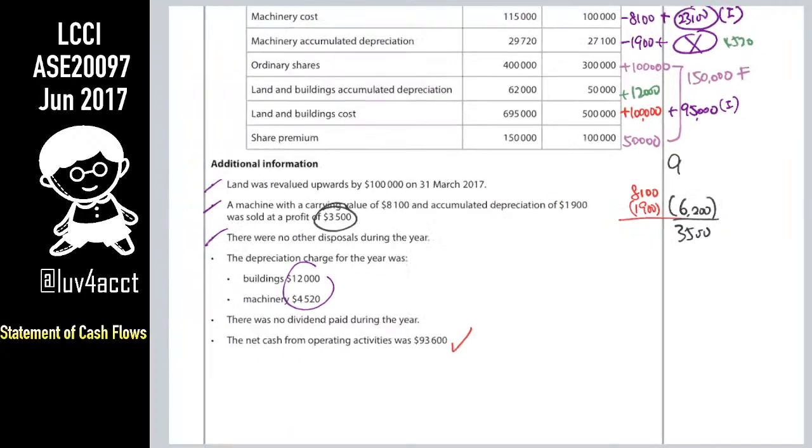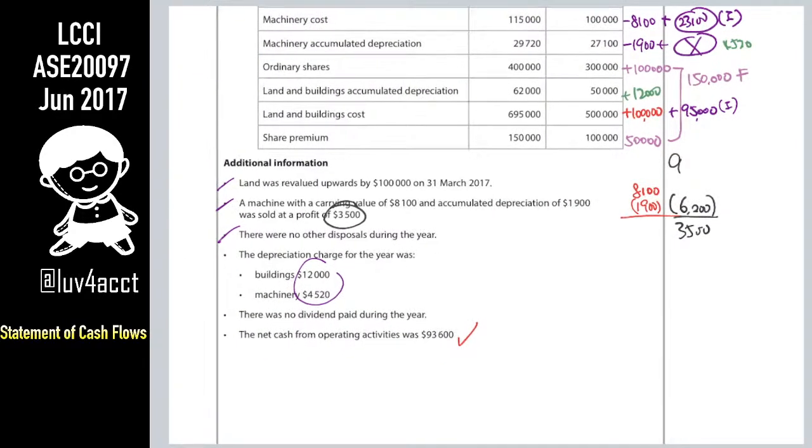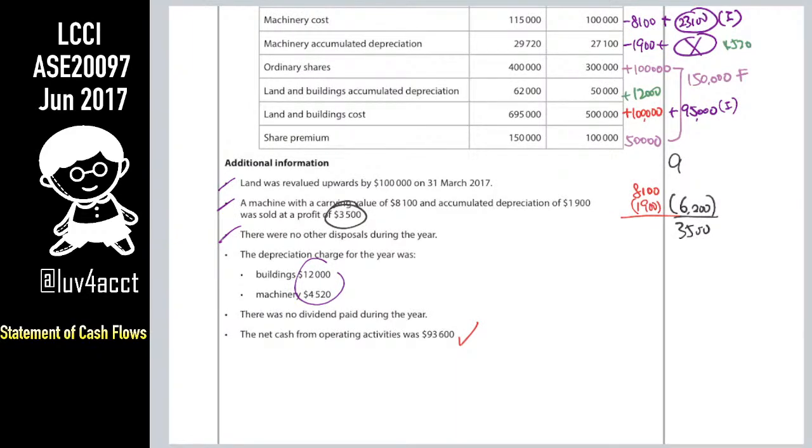What happened? Okay, we have to be careful. I am being careless in this case. Okay, 8100 here, so 3500 and 8100. That would give a proceed of 11600.